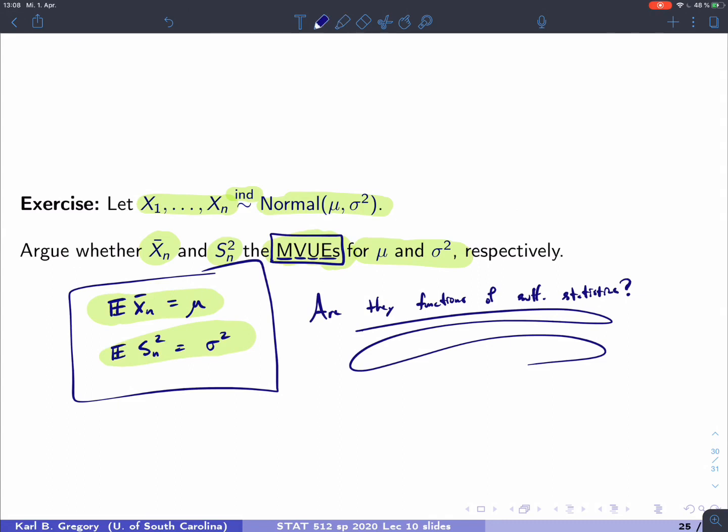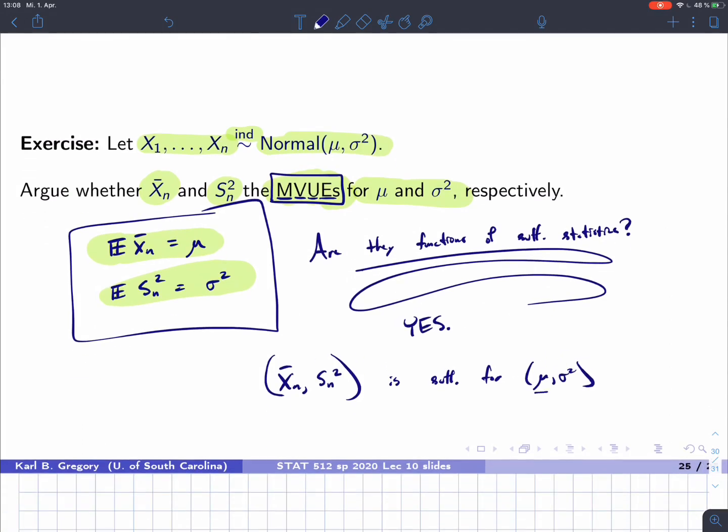So actually in the previous lecture, we showed that x bar and Sn squared is sufficient for the set of parameters mu and sigma squared. So this pair of statistics is sufficient for this.